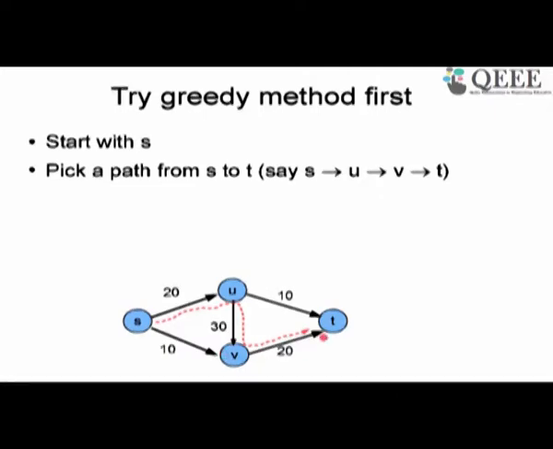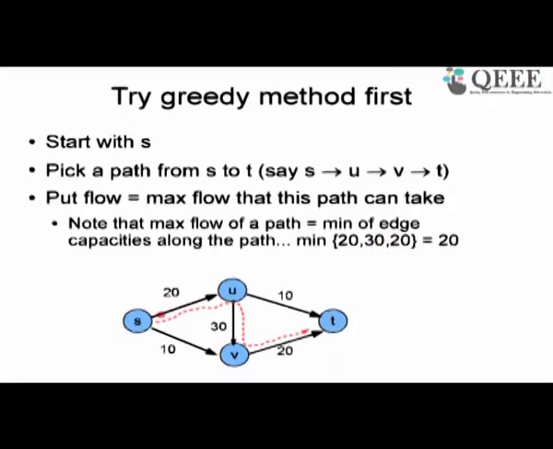So the flow can't exceed the capacity of any of the edges, isn't it? Therefore I cannot put more than 20, because 20 is the least capacity edge on the path. So if I have a path, it's easy to calculate the maximum flow I can put in that path by just finding the least capacity edge on the path. Take the capacity of all the edges, find the minimum, that is the bottleneck, as it's called, for this path, and that will give you the maximum flow that I can put on this path. So in this case it's 20.